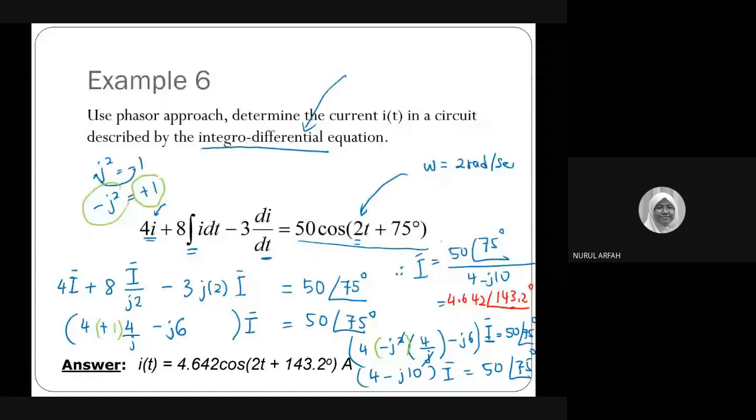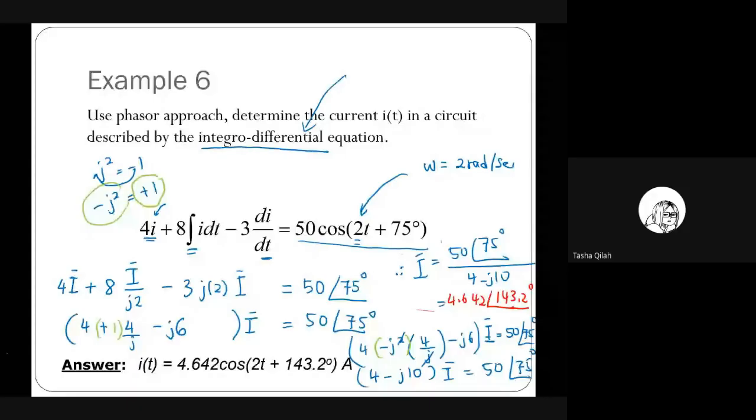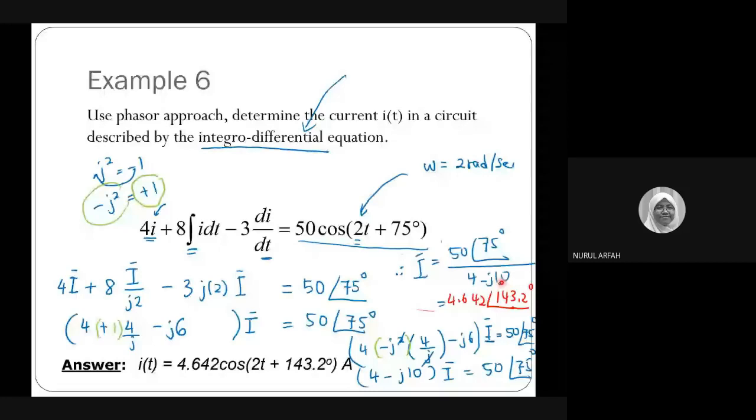You get this? Yes, madam. Okay. And then how to write it, because the question asks you to determine the current i(t), the small letter, with respect to time.